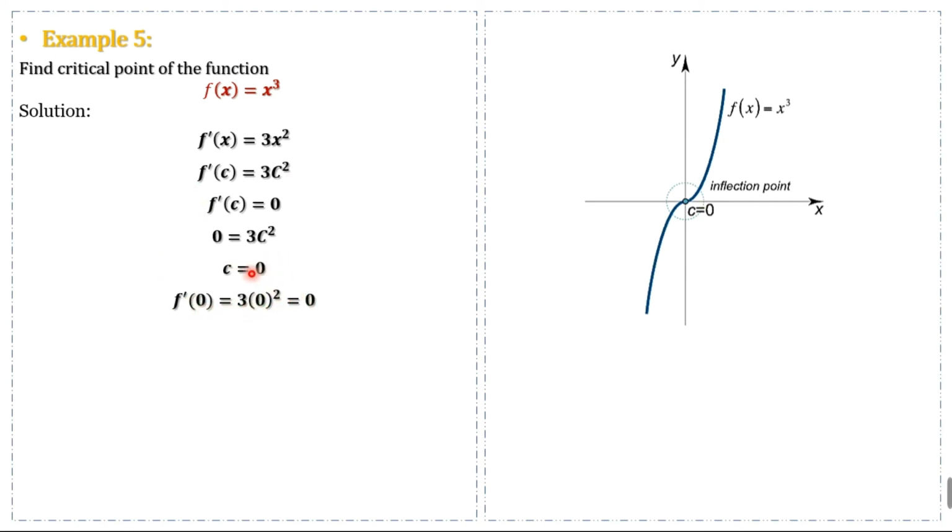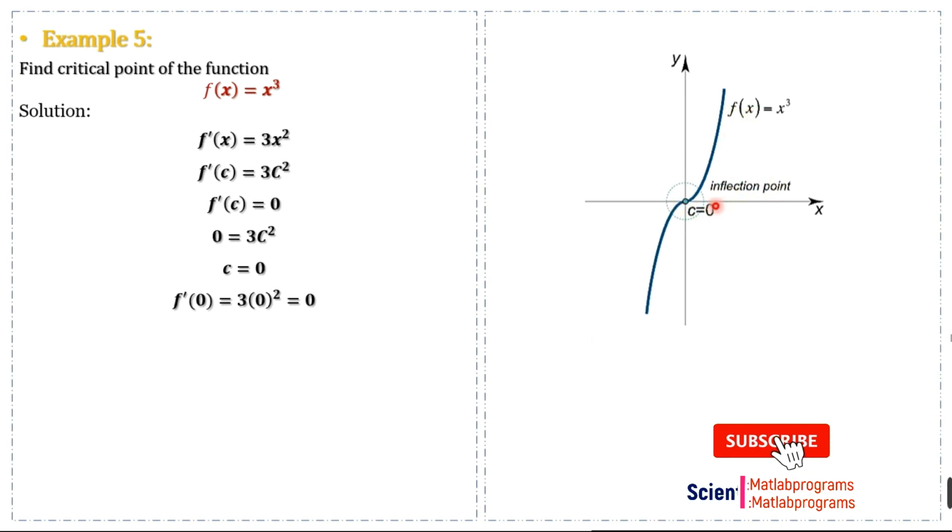So we have a critical point c is equal to 0, and this is the graph of the function, and we can see the function is increasing, and at that point the concavity of the function is changing. So at c is equal to 0, this is the inflection point, and we can calculate this point by substituting c is equal to 0 in the given function.